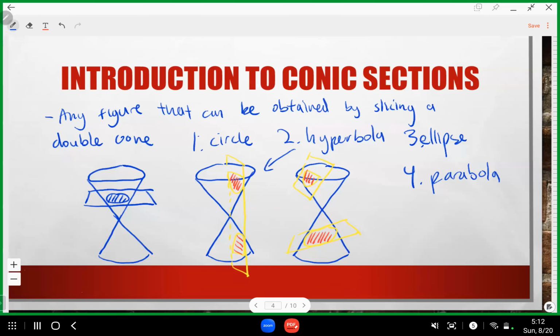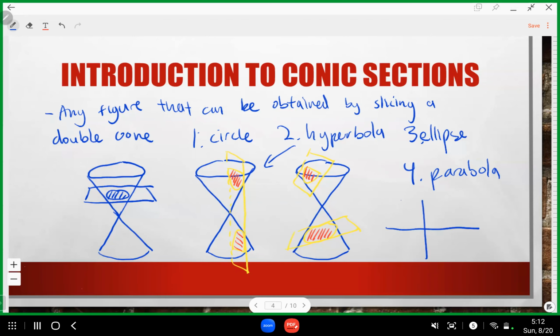When you slice the two cones vertically, on an xy coordinate plane, it would look something like this. The two sections, right? Or it could be left to right, but it doesn't matter. This is basically what a hyperbola looks like.